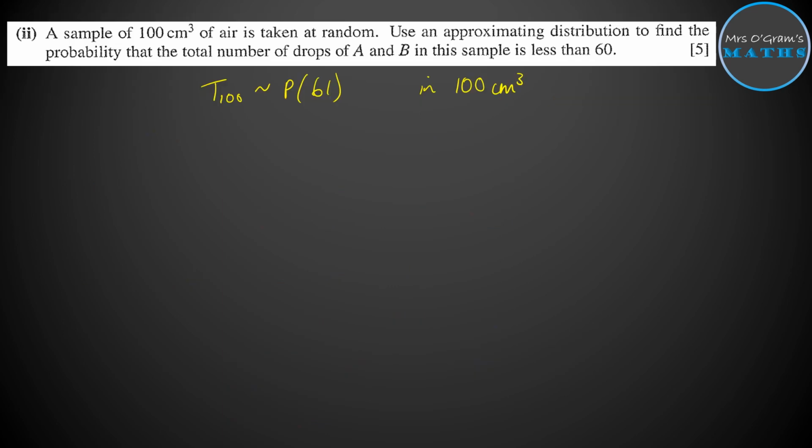Part 2, we're going even bigger, so just multiply that up for the space of 100 centimeters cubed, and we want to work out the probability that that new total is less than 60, but that's going to be too tricky to do as a Poisson distribution, so we need to approximate it with a normal.